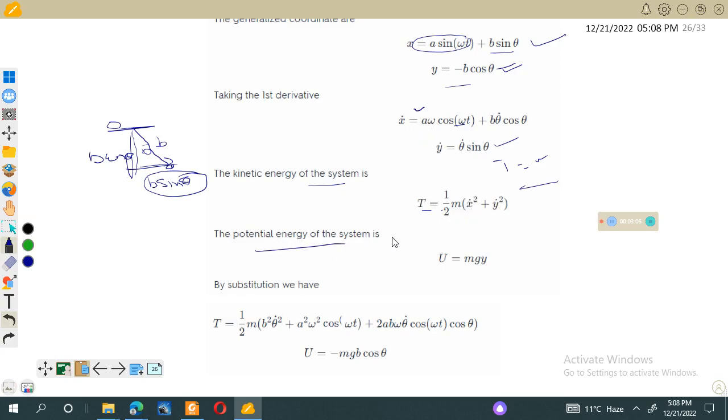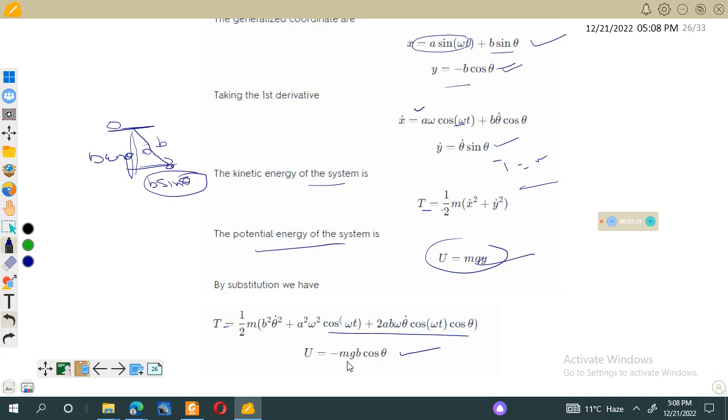Similarly, the potential energy of the system is U equal to mgy. By substitution of x dot and y dot in the kinetic energy expression, it will give us m over 2 b squared theta dot squared plus this whole term, and by substitution of y in the potential energy expression, it will give us U equal to minus mgb cos theta.